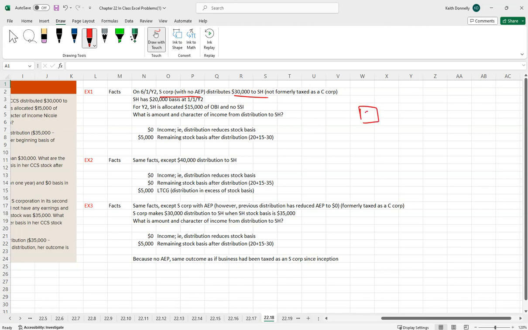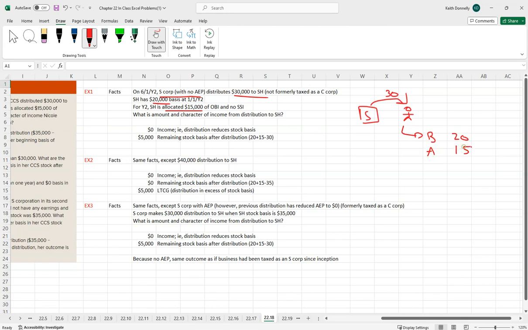Then they're telling us that the shareholder's beginning basis is 20. During the year, he's allocated 15.